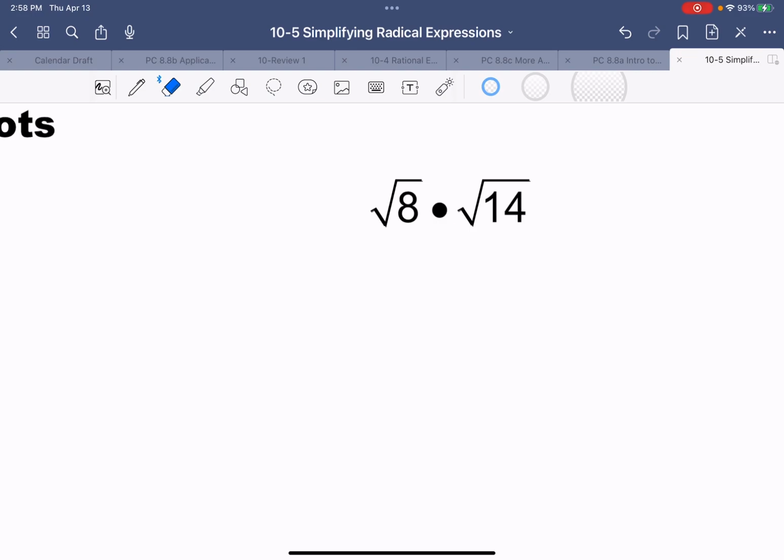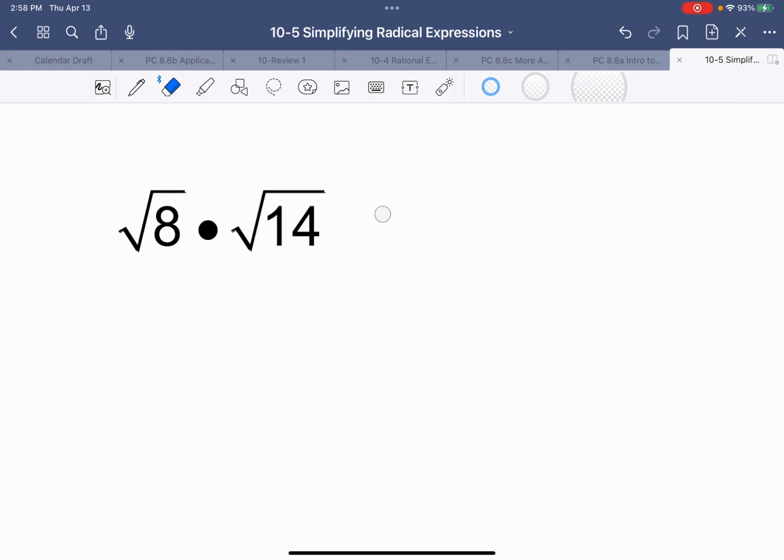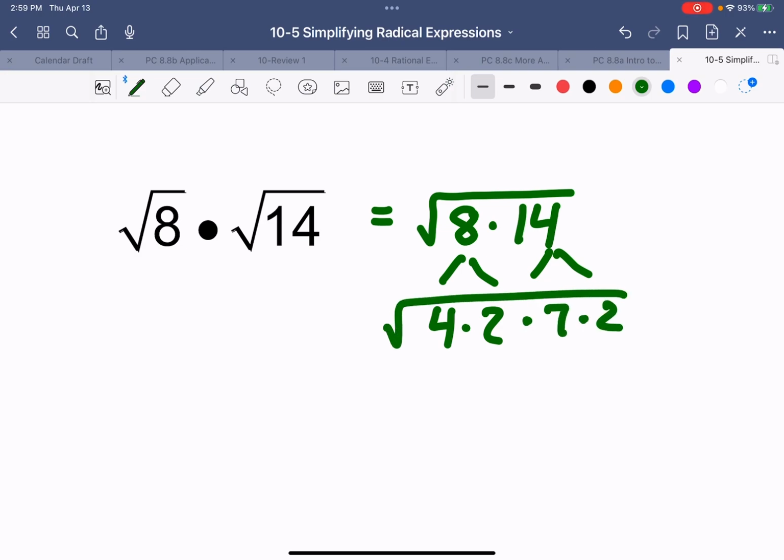All right, one more on this side. So again, don't multiply the 8 times 14. We're just going backwards of the product property. So we can do 8 times 14. Break down that 8 into 4 times 2. 14 as 7 times 2. The 4 can break down into 2 more 2s.